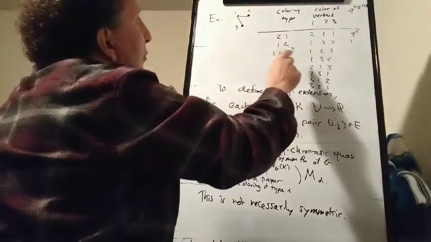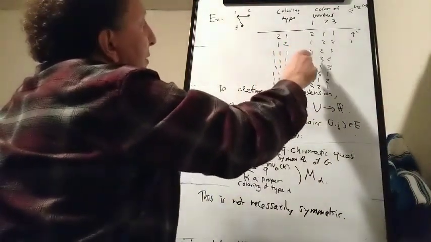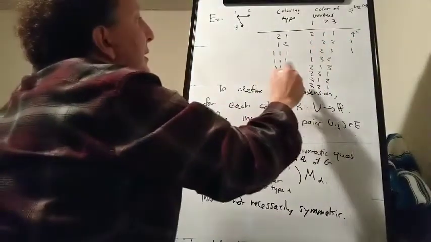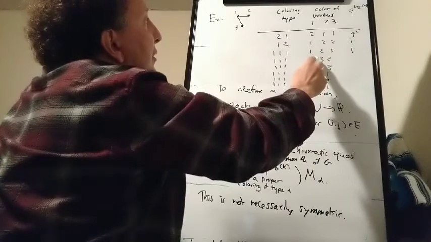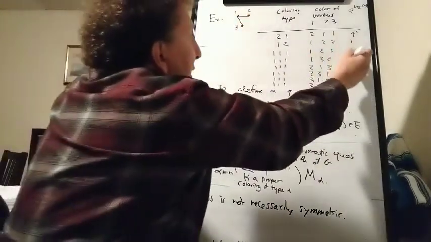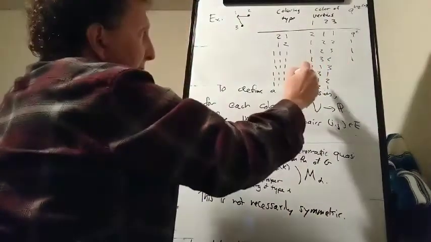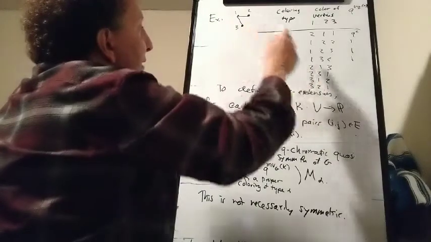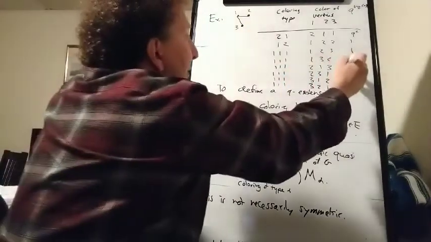Now, here 1 gets a smaller color than 2, gets a smaller color than 3, so there's no problem there. Here, 2 gets a greater color than 3, but they're not connected by an edge, so that's okay. Here, 1 gets a greater color than 2, and they are adjacent, so we get 1 inversion.